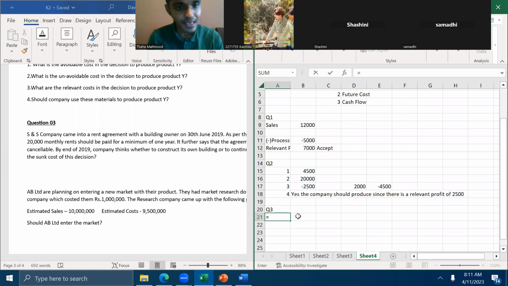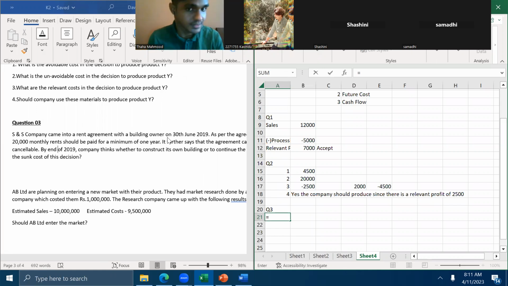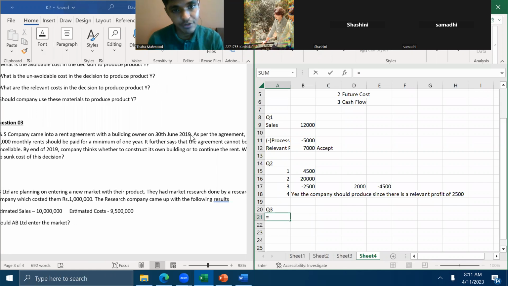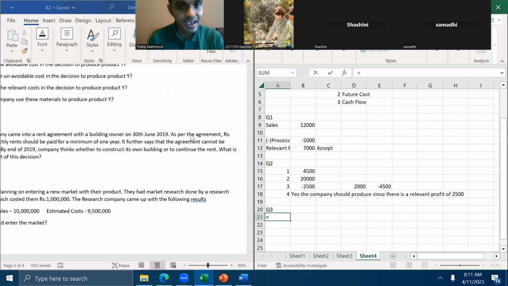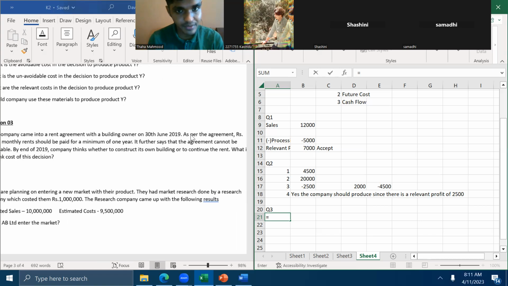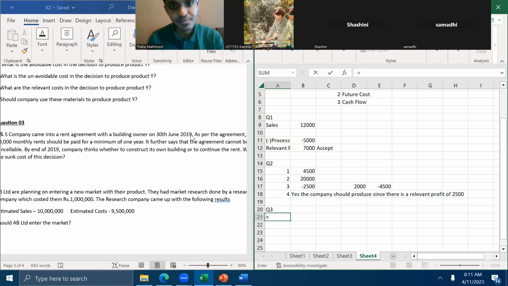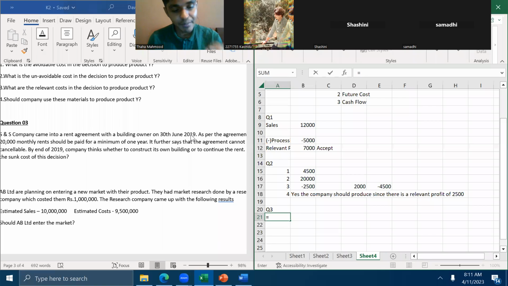හරිද? So in this example, it says that 30th June තමයි පටන් ගත්තේ. Therefore, let's say 1st of July, as per the agreement, 20,000 monthly rent should be paid for minimum of 1 year by the end of 2019. So 6 months. 6 months එකට අපි decision make කරද්දී 6 months එකට rent already ගෙවලා ඉවරයි.